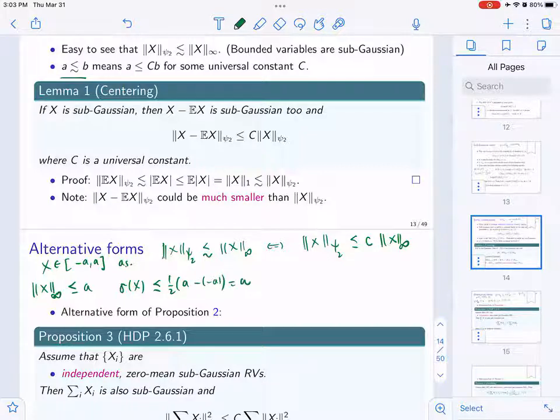And up to constants this is bounded by a constant times sigma X. So this is going to be c times a. Let's say this is equal to this.